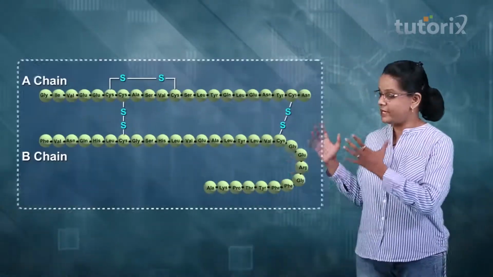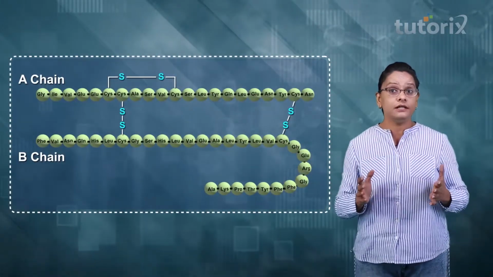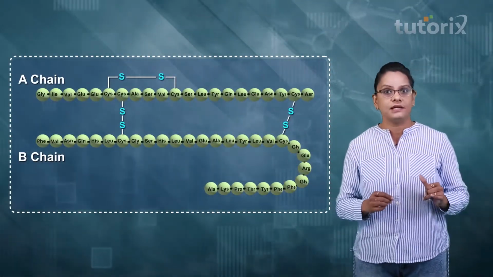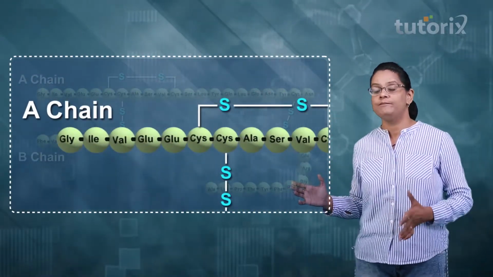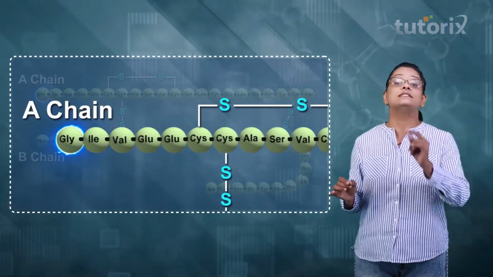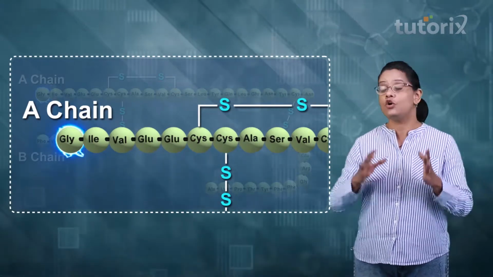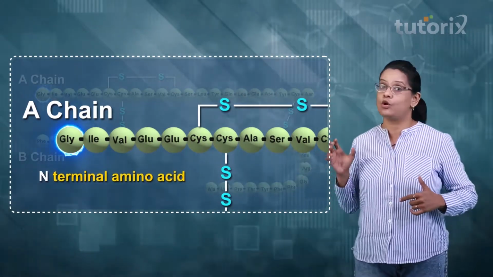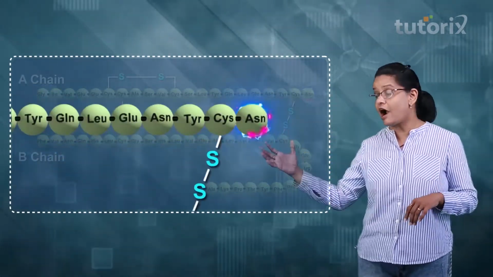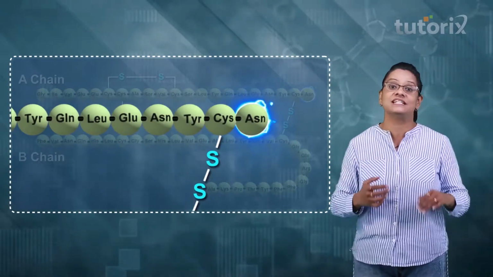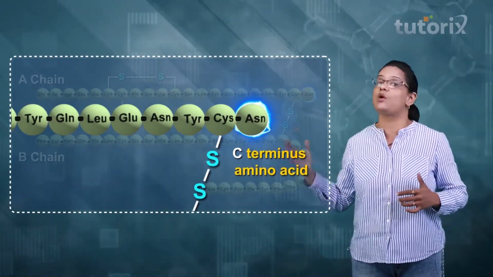So friends, if we have a look at this particular structure, then here clearly you can see that in A chain, the glycine is the first amino acid, so this is the N-terminal amino acid. And asparagine is the last amino acid and it is the C-terminus amino acid.